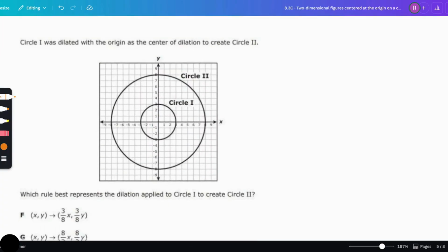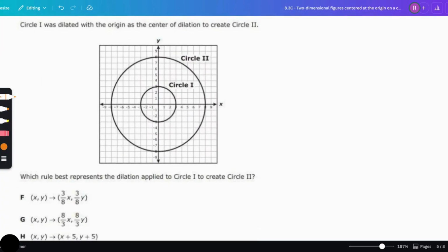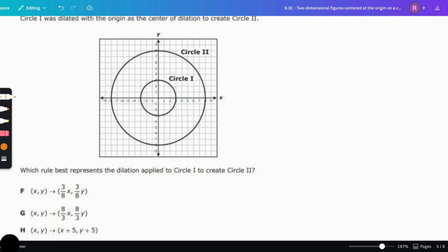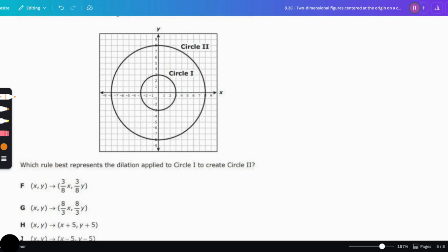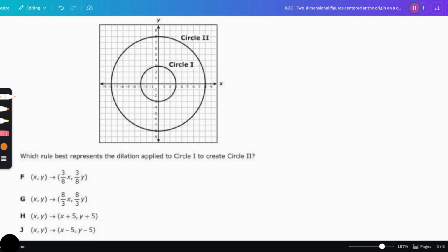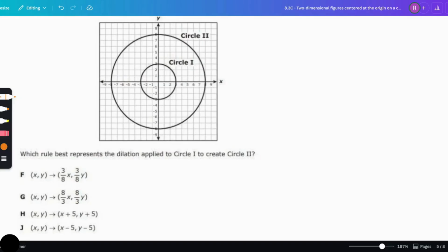So now the next one. Circle 1 was dilated with the origin as the center of dilation to create circle 2. Which rule best represents the dilation applied to circle 1 to create circle 2? So circle 1 is the original circle, and circle 2 is the dilated circle. So we want to figure out which rule applies.